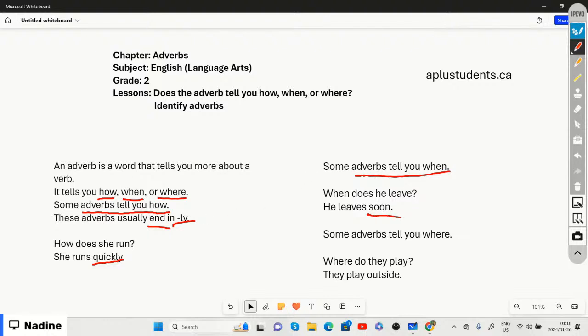So when does he leave? Soon. For the adverbs that tell you when, for example, when does he leave? Our answer is he leaves soon, which means that our adverb that tells us when is soon.